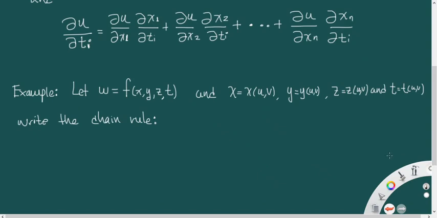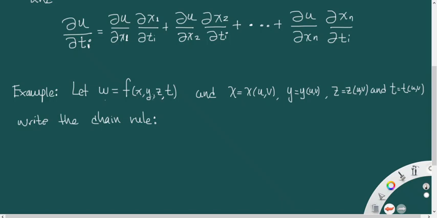In this example, we are not going to work any algebraic operations. What we are going to do is to structure or to write the chain rule for this type of expressions. Let's say, for example, that we have a function w, and w is equal to a relationship f of x, y, z, and t.